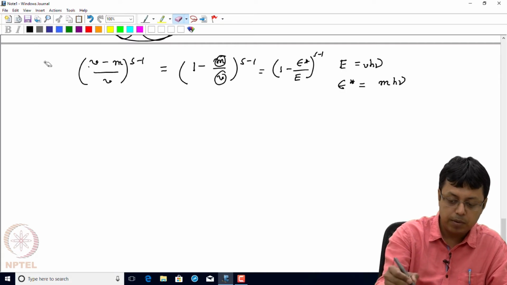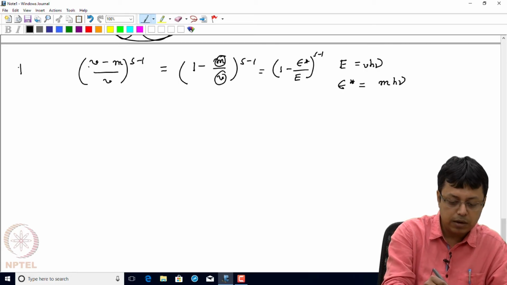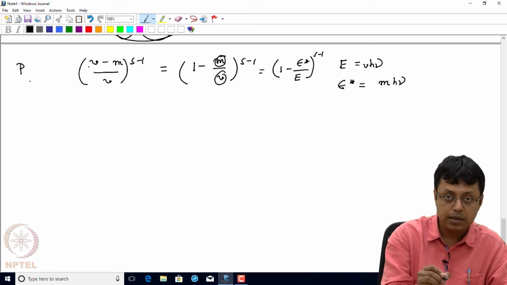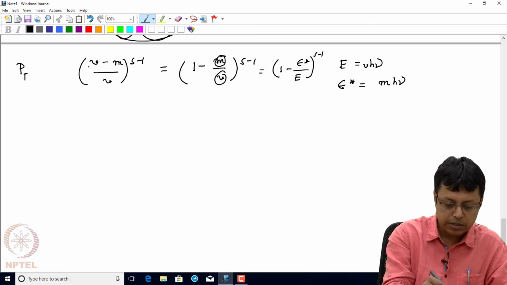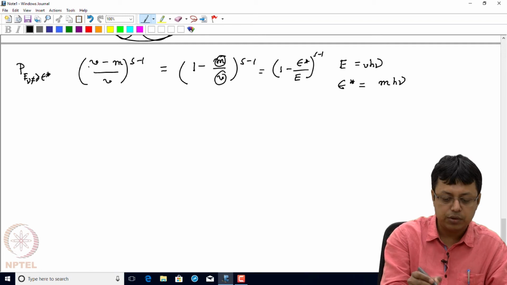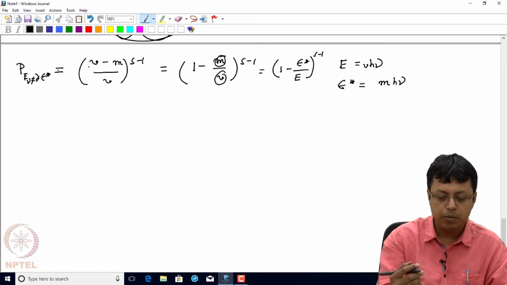It is a probability, something like Hinshelwood calculated, but this probability is slightly different in the sense that a particular oscillator, for which the frequency is nu dagger, exceeds the E star, the threshold energy, and E star is basically equivalent to the M quanta.